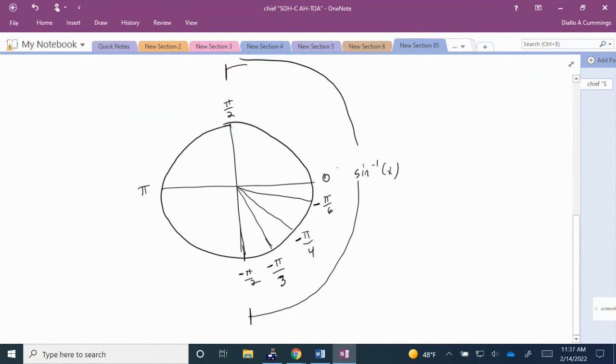So the arc cosine runs from 0 to pi. So we can find the arc cosine values on the top half of the unit circle.